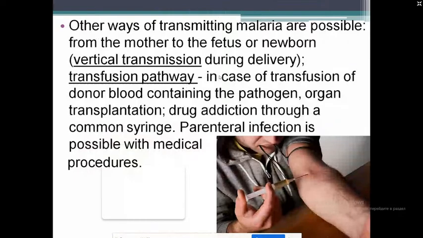Other ways of transmitting malaria are possible. From the mother to fetus or newborn, it's vertical transmission during delivery. Transfusion pathway, dear students, in case of transmission of donor blood containing the pathogen, organ transplantation, drug addiction through a common syringe. Parenteral infection is possible with medical procedures.